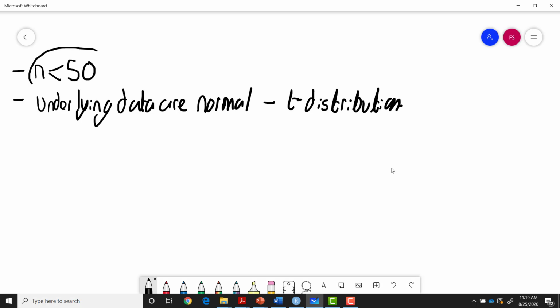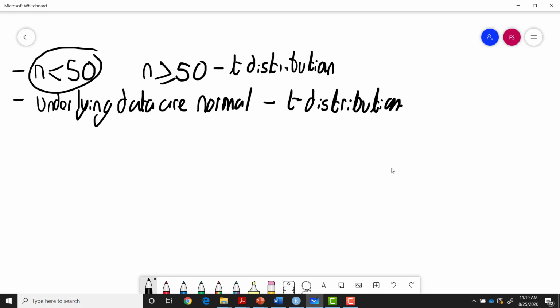But also, if n is greater than or equal to 50, then the t distribution tends to the normal. So we can also use the t distribution for large sample sizes.